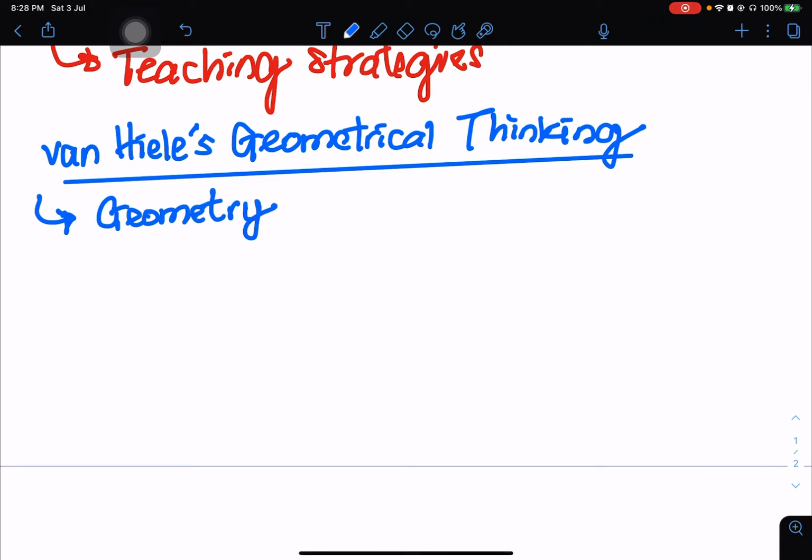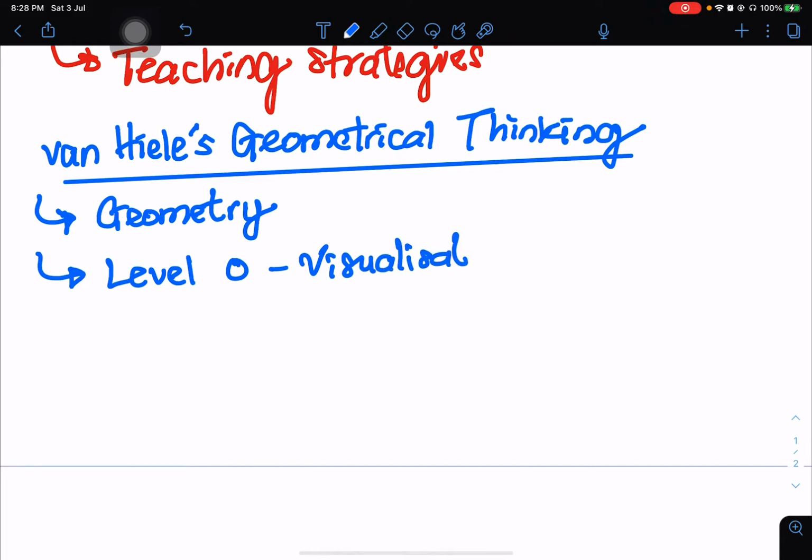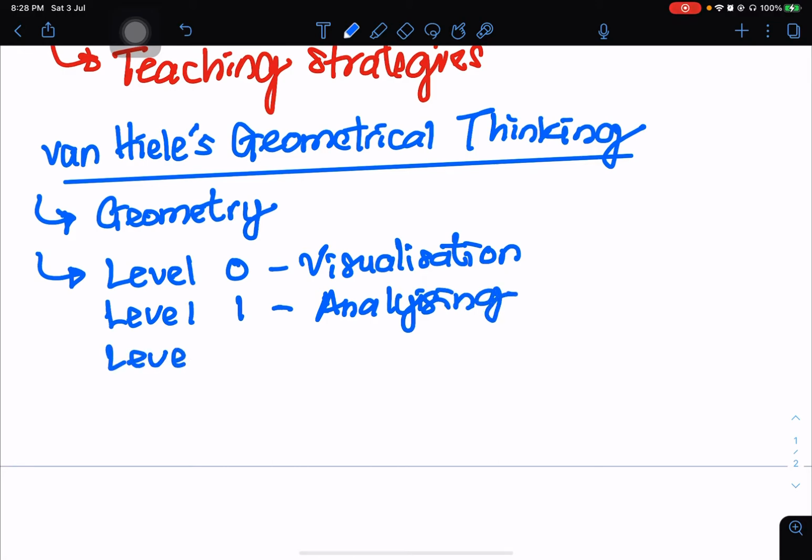So for any geometry topics, you can use Van Hiele's geometrical thinking. It starts with level 0, which is visualization. Then we have level 1, which is analyzing. Then we have level 2, which is informal deduction.